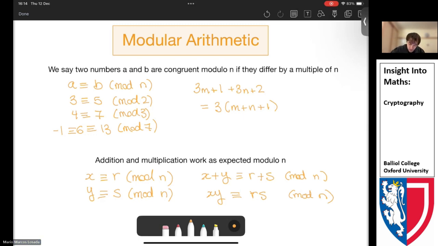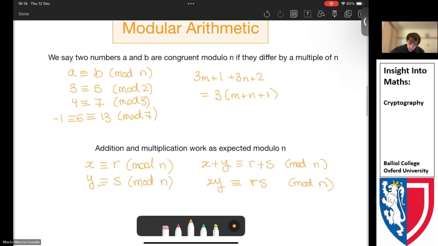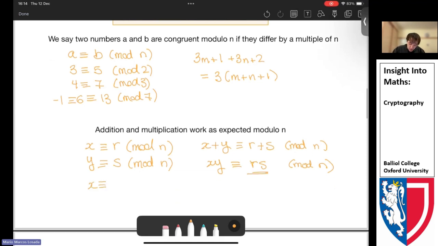So this number might not be the remainder. I think this is what the question means. So for example, suppose that you have x being congruent to 2 mod 3, and you have y being congruent to 2 mod 3. Then what can we say about xy?